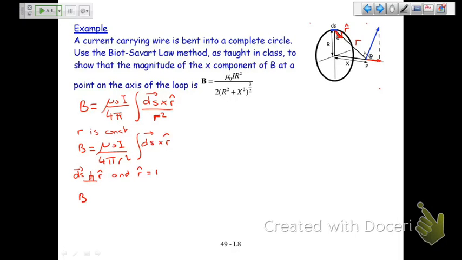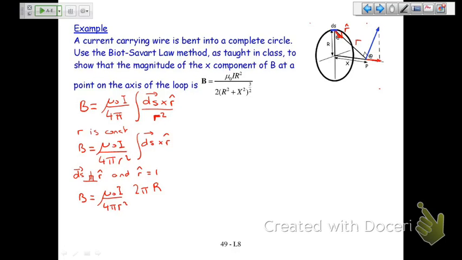So B is equal to mu naught I over 4 pi r squared times 2 pi big R, not little r. I've got to be careful about that. It's big R, isn't it? It's the circumference of the circle of the current carrying wire, and that is big R. Got it?